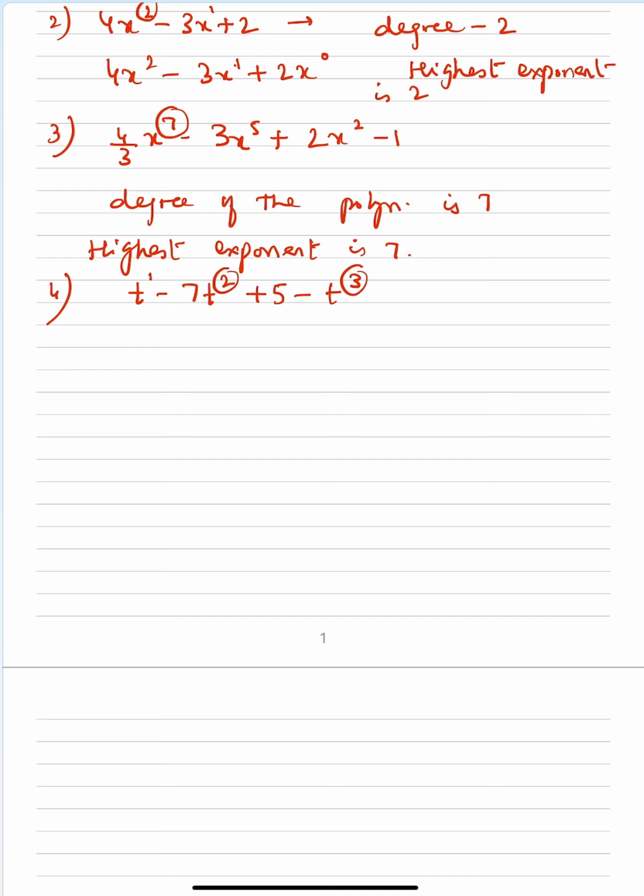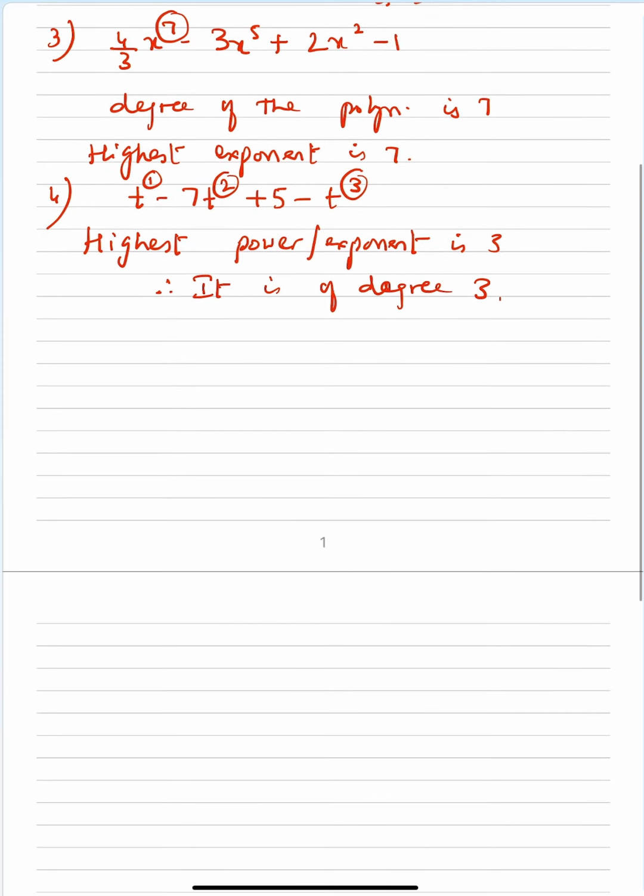And here it is 1. So the highest power, or you can say exponent, is 3. Therefore the polynomial is of degree 3.